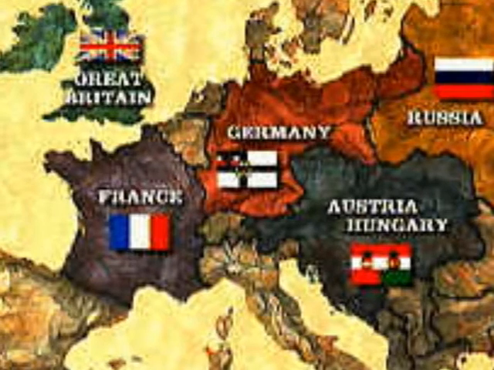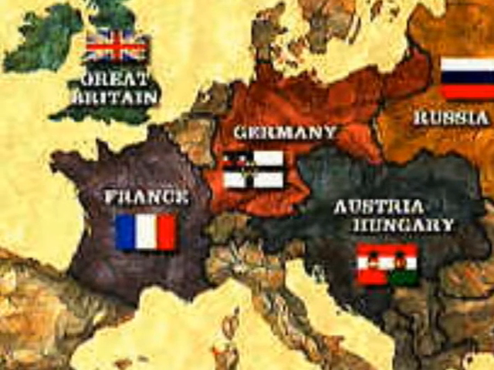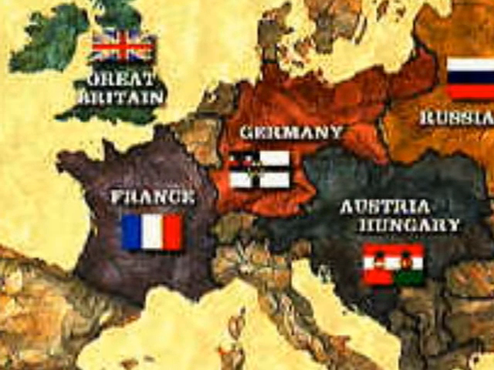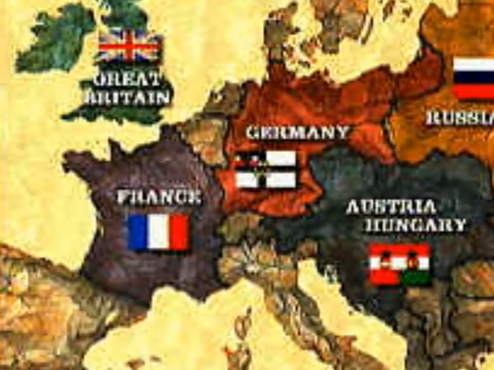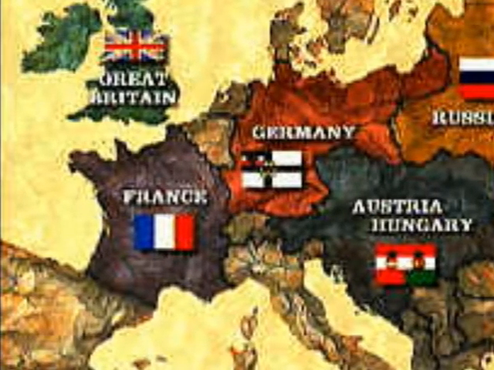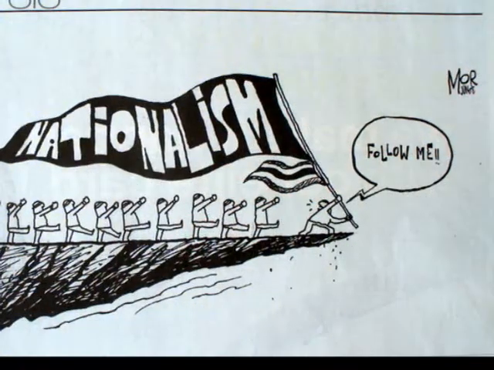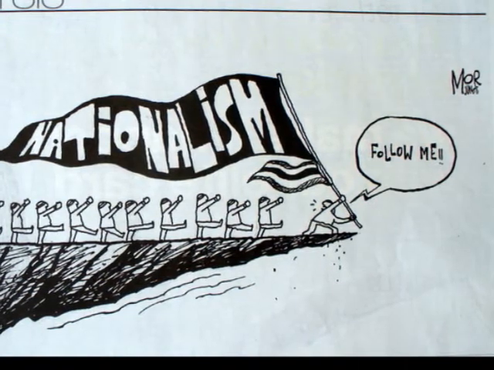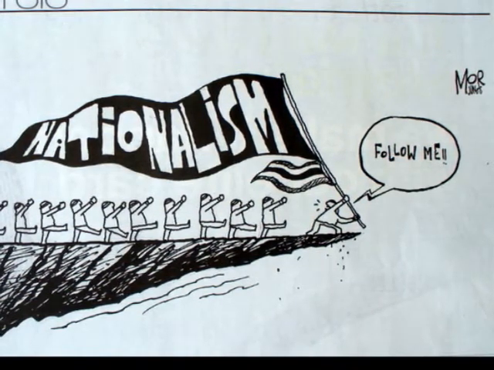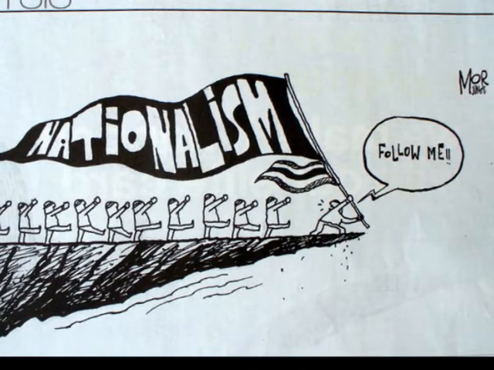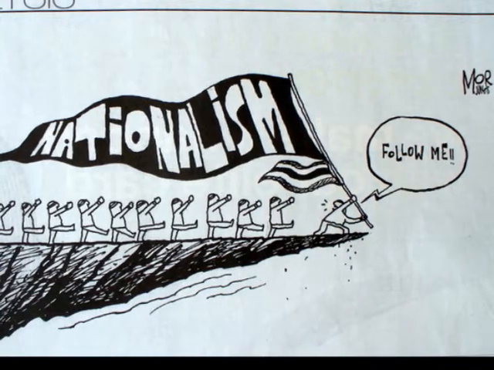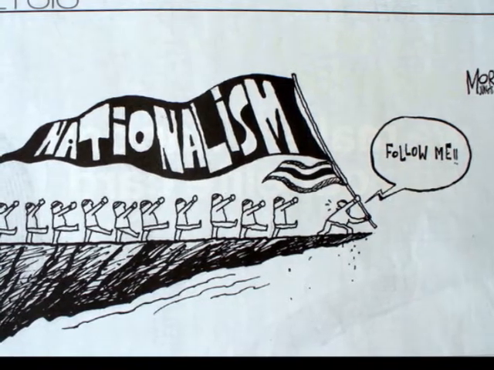Russia, who had seen themselves as the guardian of Europe's Slavic people, especially the Serbs, are going to be rivals for influence over the Serbs with Austria-Hungary, over who's going to have the influence with this group of people.